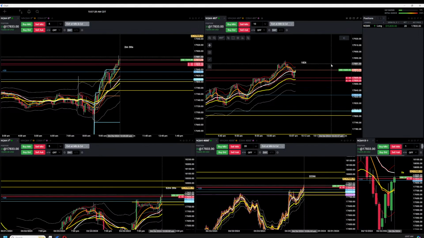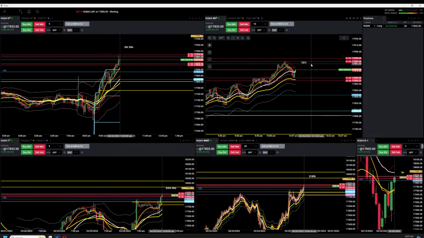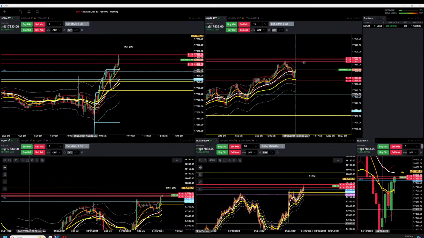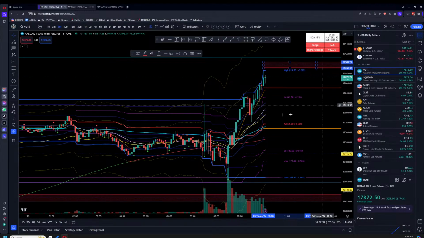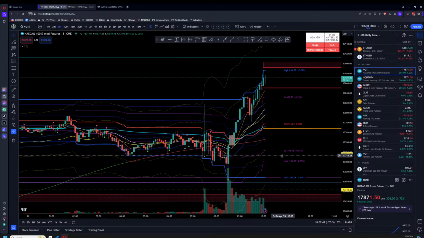I think what I'll do is I'll probably short up here, if it gets up there. That's what I'm looking at doing right now. We're pretty far extended. I didn't do the day VWAP. I forgot what that indicator was. I saved it somewhere, I can't remember where.